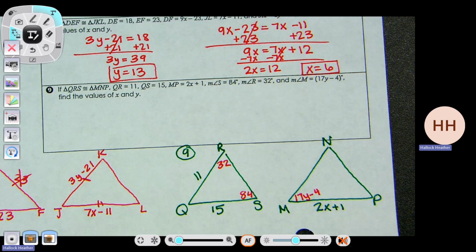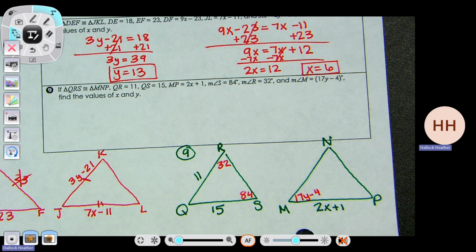Based on the triangles being the same, you told me it doesn't matter how. So we write this first, RS and then M. R is 11, QS is 15, and oh, no, this is good.